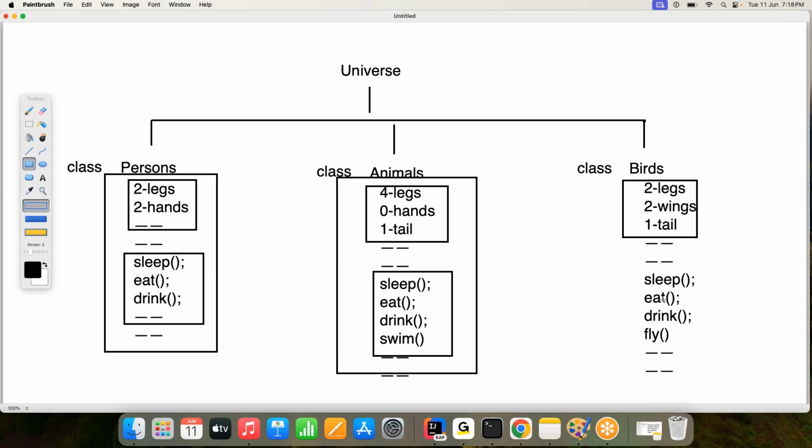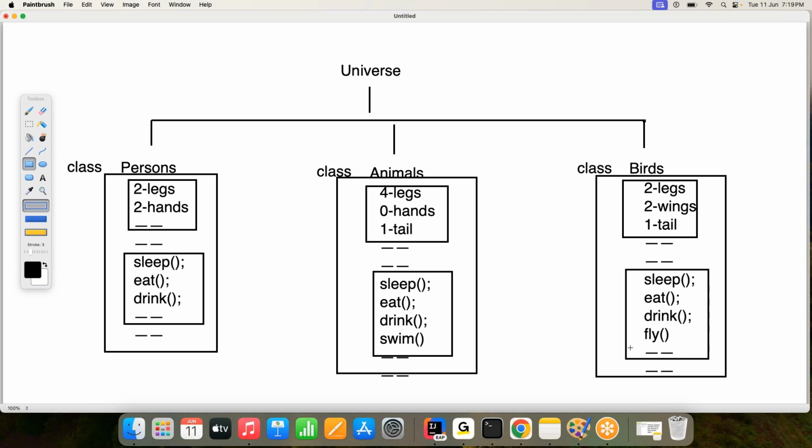This combination is called encapsulation. Class is virtual encapsulation of the properties and behaviors.